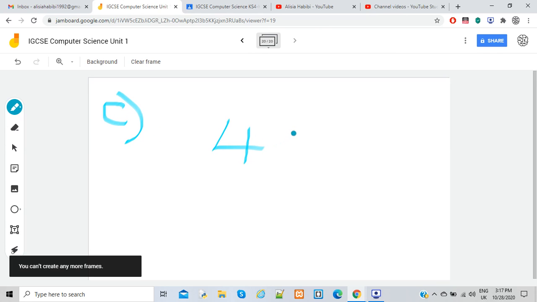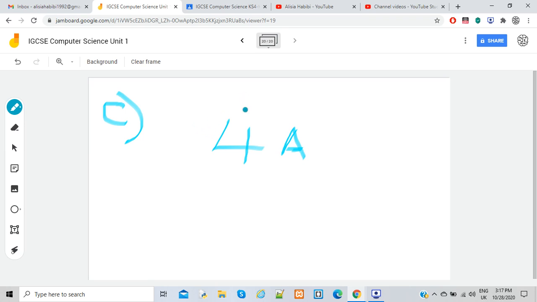So we need to convert this hexadecimal value into denary again. What we're going to do is the same thing as usual. We're going to write 16 to the power of 0, and 16 to the power of 1. Again, we're multiplying the values we have in here by the powers of 16. So in this case, we say 4 times 16 to the power of 1, which is 64, because 4 times 16 is 64, right?